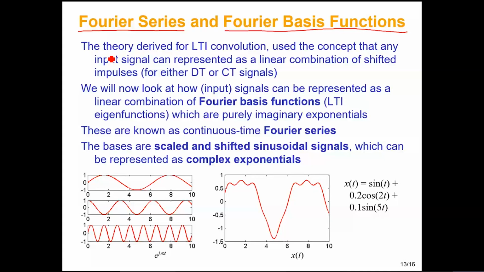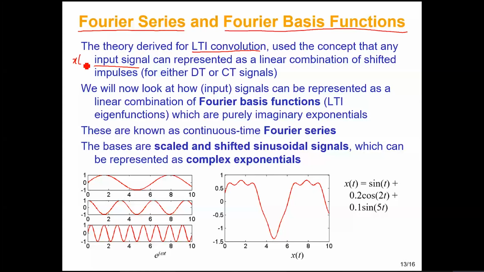The theory derived for convolution that we have seen earlier used the concept that any input signal can be represented as a linear combination of shifted impulses, or in other words, a sum of scaled delayed impulses. This was the concept used to derive the convolution, that we can have any input signal x(t).